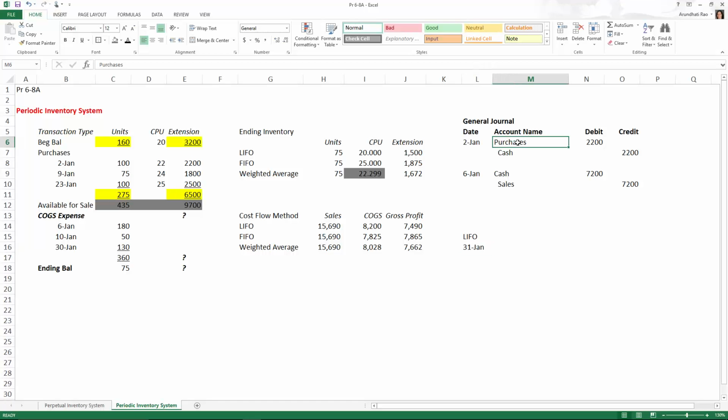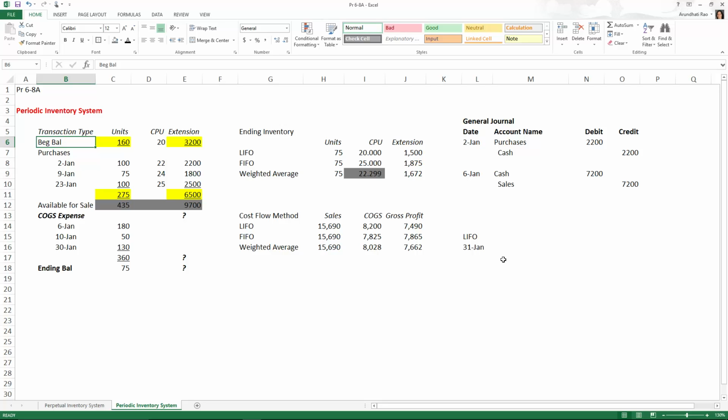So what are we going to do over here? If you recall, I told you the purchase account was a temporary account. I need to close that down. The inventory that I had at the beginning of the period, I need to close that down and establish a new inventory account. And I also will establish my cost of goods sold expense.